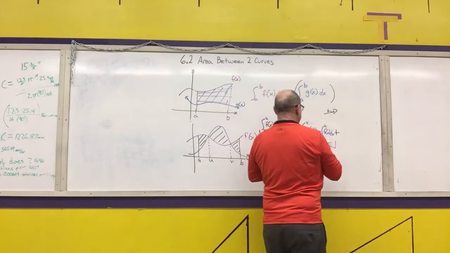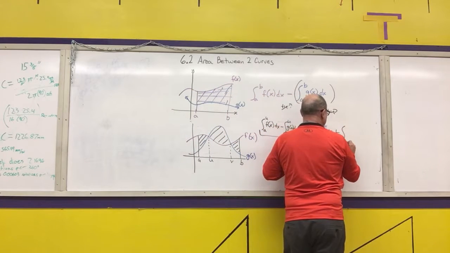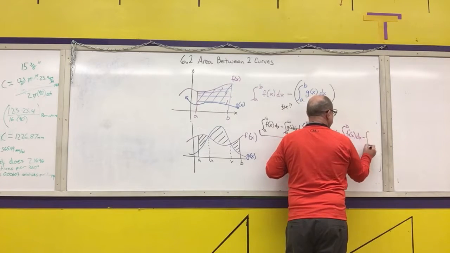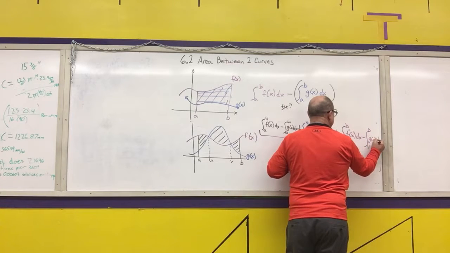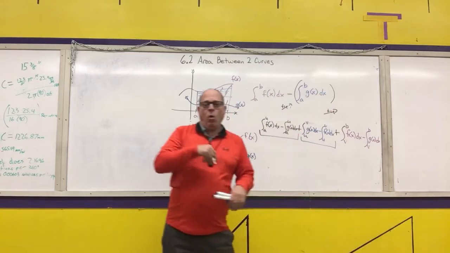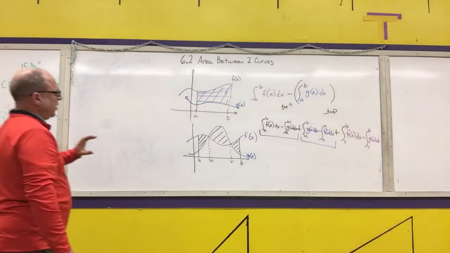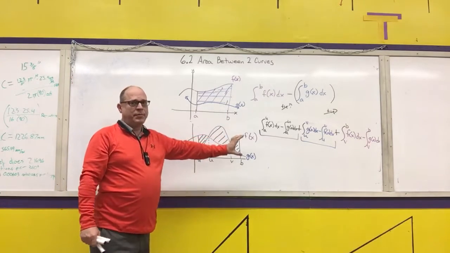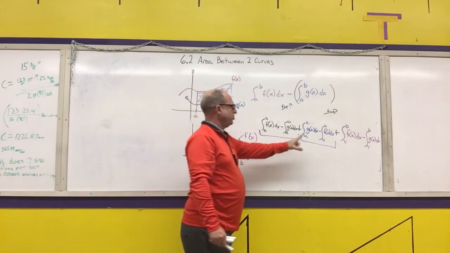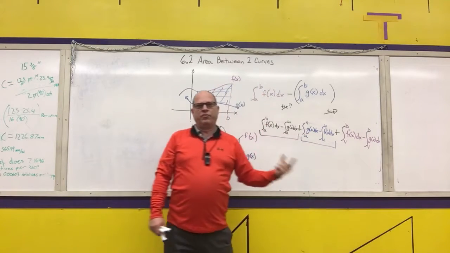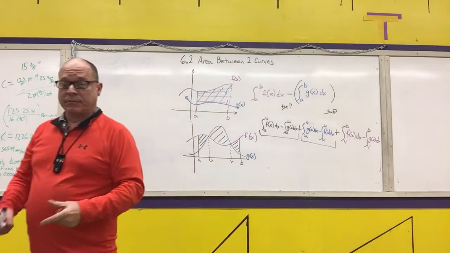So it is the integral from v to b of f of x dx minus the integral from v to b of g of x dx. So if you switch which curve is on top, you'll actually have to have a new integral for each one of those different sections.